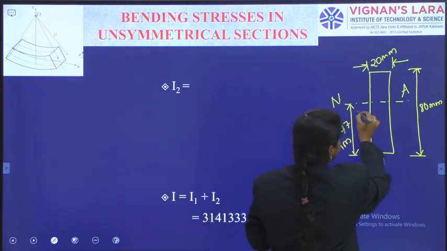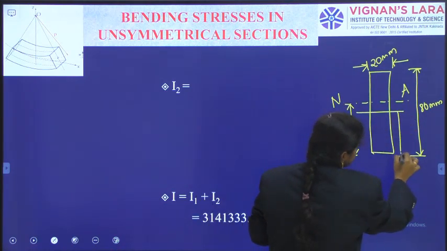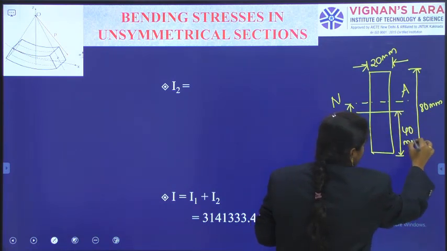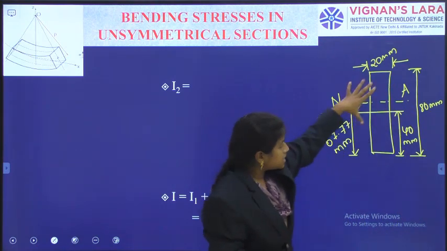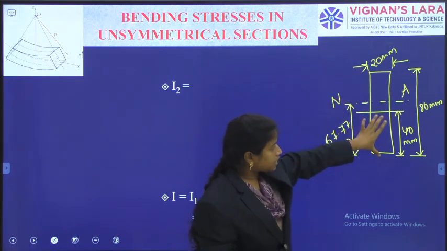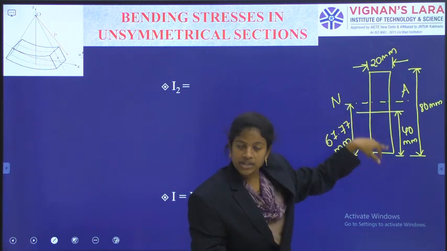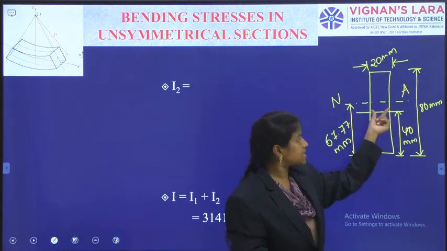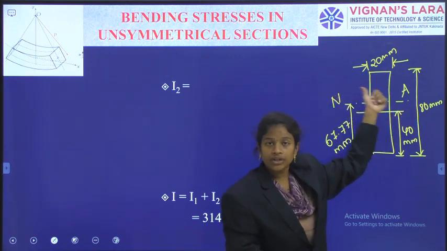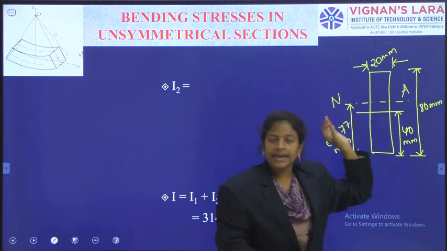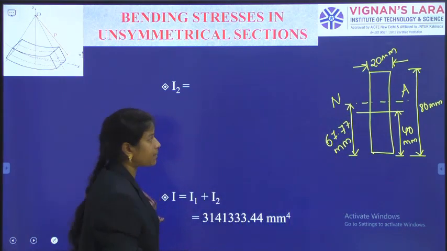That is at 40 mm from top and 40 mm from bottom, right? As it is an 80 mm web, this is 40 and this is 40. In this way, the original centroid will be there. So the original centroidal axis is not passing through the neutral axis, so again the parallel axis theorem will come.